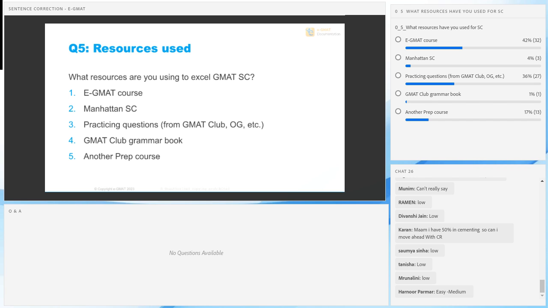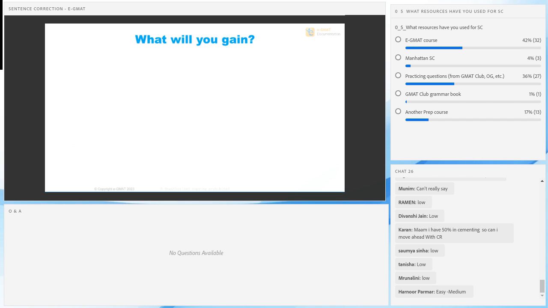Okay, but good. All right, now what are you going to be gaining in this session? As I said, the primary focus of this session is to make sure that you understand what it takes to master SC. Okay, now in the context of e-GMAT students, there are quite a few e-GMAT students, and we'll get the exact percentage when I ask this next question. For e-GMAT students, this session will make sure that you learn all the right winning behaviors so that you achieve that 90th percentile.